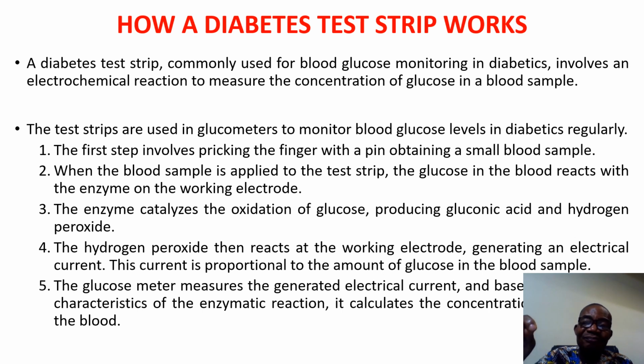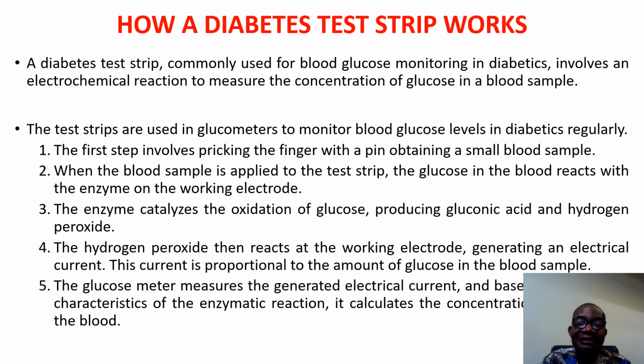When the blood from the patient drops on the small electrode at the tip of the test strip, there is an enzymatic reaction. The enzyme catalyzes the oxidation of glucose. The glucose is oxidized, producing gluconic acid and hydrogen peroxide.